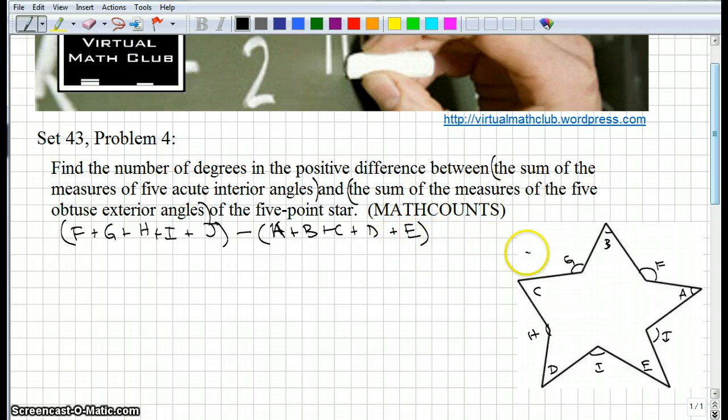Acute angles are less than 90 degrees and obtuse angles are greater than 90 degrees.